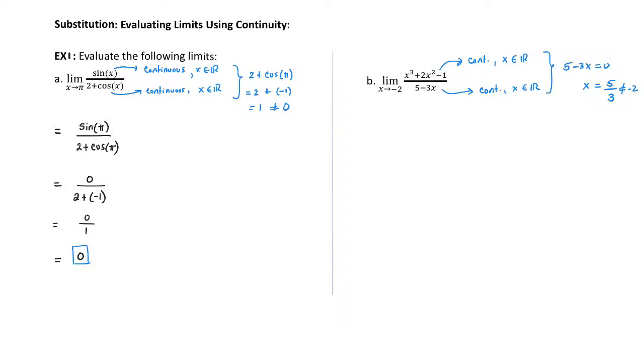And because it is continuous, I can go ahead and do a direct substitution. -2 to the third plus 2, -2 squared minus 1. This will be divided by 5 minus 3 times -2. Notice how, because I am already substituting, I no longer write the limit notation.